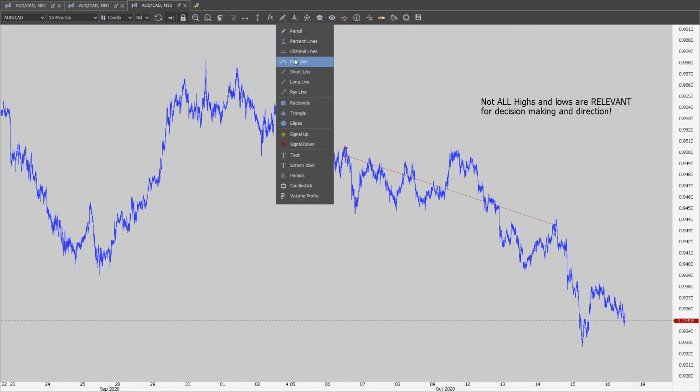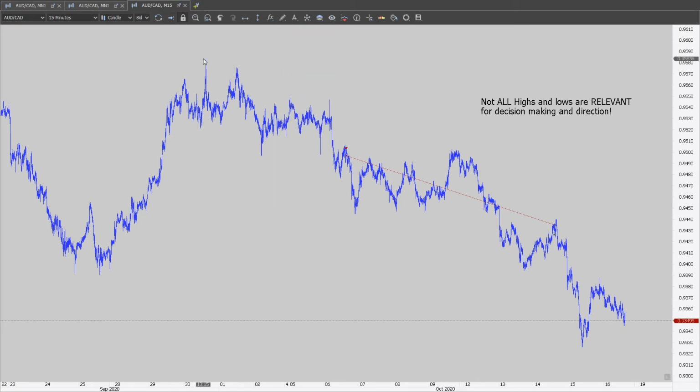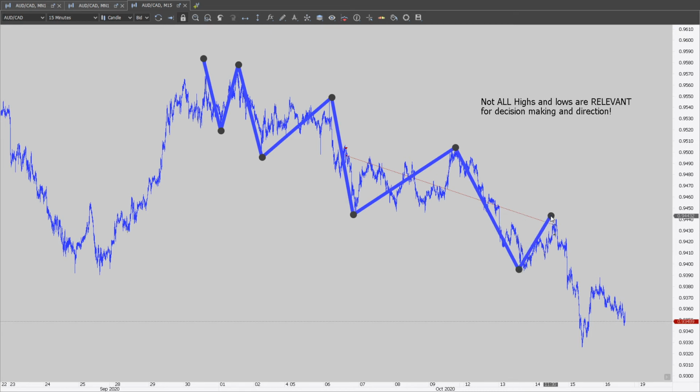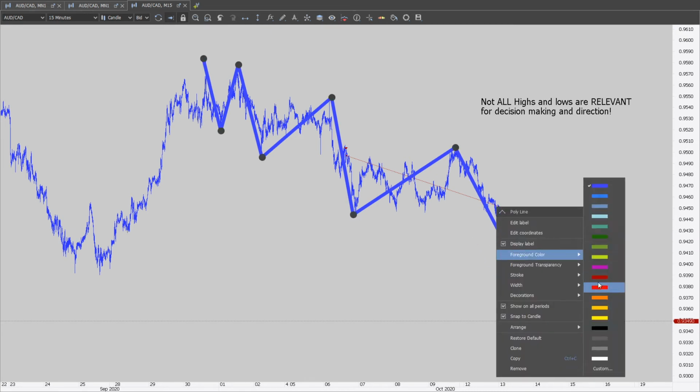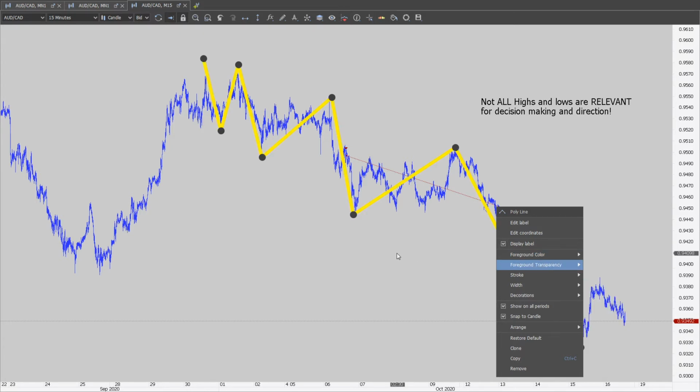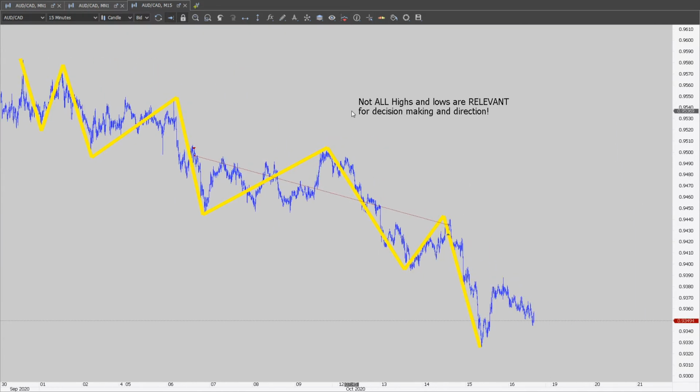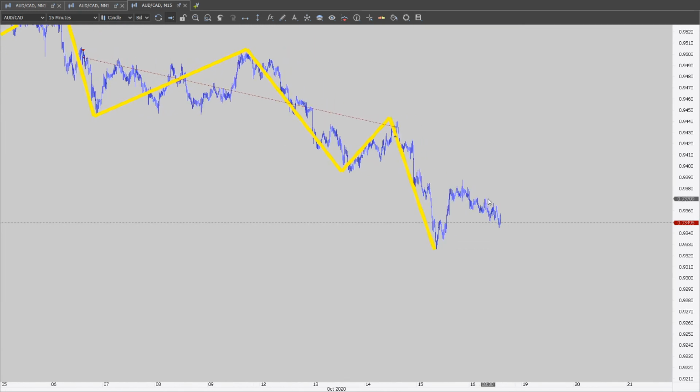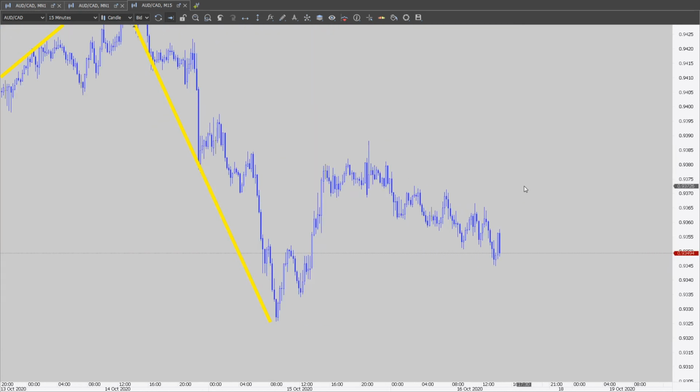Are we seeing this downtrend, high to low, low to high, high to low, low to high, high to low, low to high, high to low, low to high, high to low? Is this a downtrend that we are seeing? Or is this a downtrend that we are seeing?